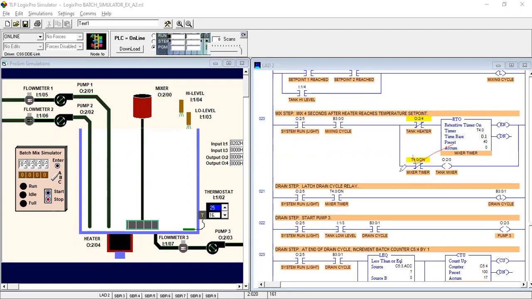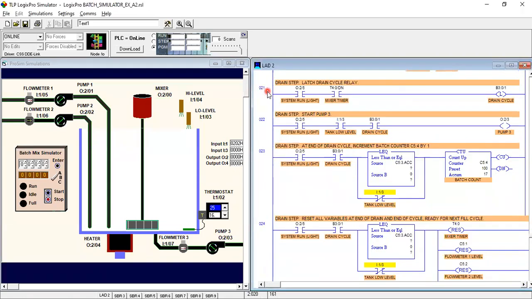After the done bit is energized, it will stop the tank mixer. And in the 21st rung we have the drain step, latch, drain cycle, relay, system run light, and after that you connect the mix timer.